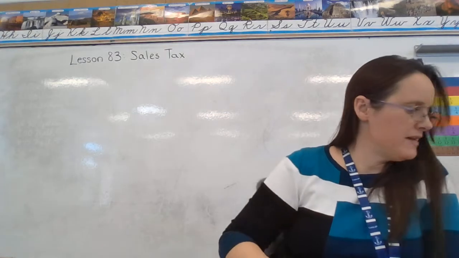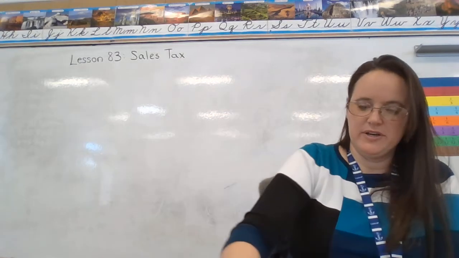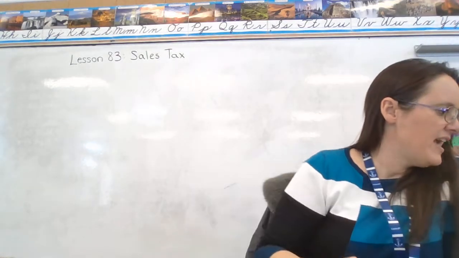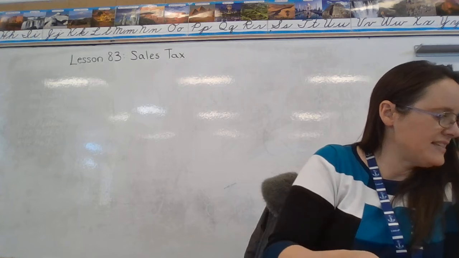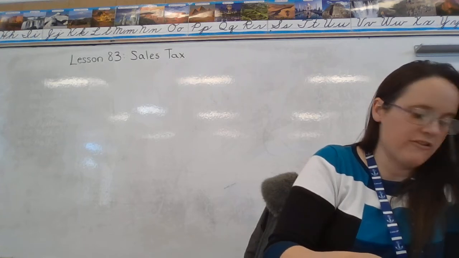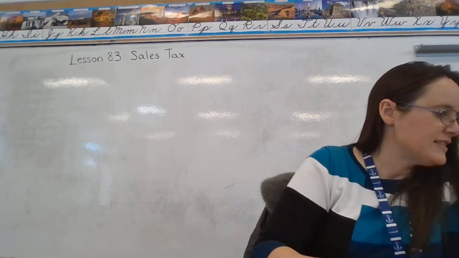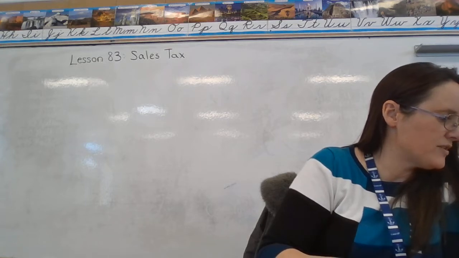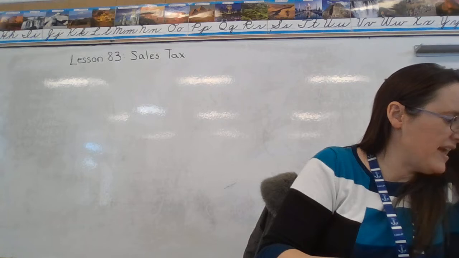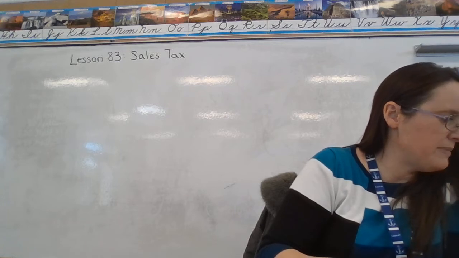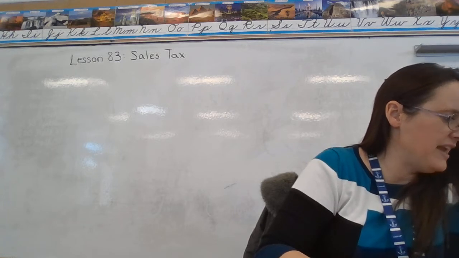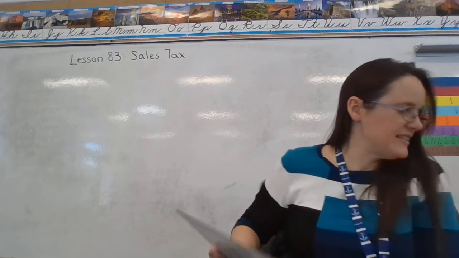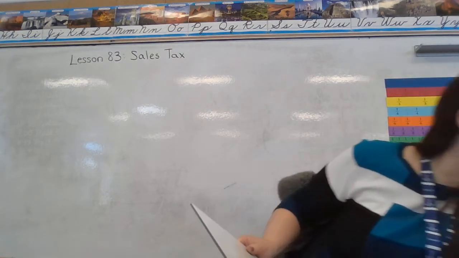Okay, example 4 in the book shows a bunch of coupons, and it says Mrs. Benson has coupons that can be used at her favorite restaurant. Some coupons are for a beverage and other coupons are for a main course. How many different ways can she combine one beverage coupon and one main course coupon? So we've got tea, lemonade, and water.